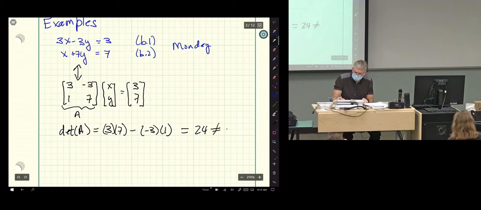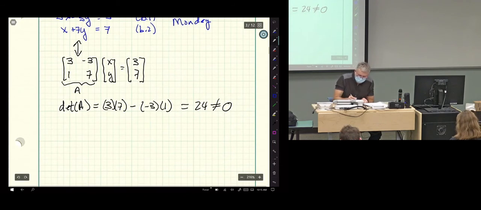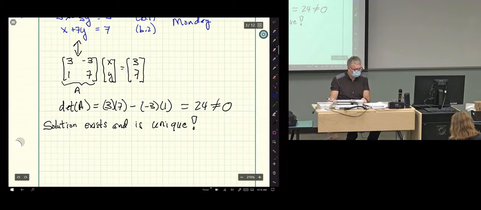We don't really care about the 24, except that it's not 0. Could have been 411, 0.91, we just don't care. It's not equal to 0. And so solution exists and is unique. And we're excited about it, so I put a little exclamation point there.